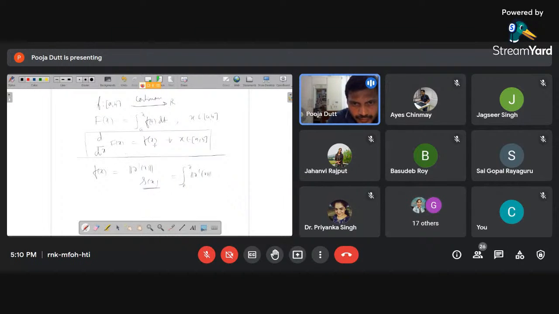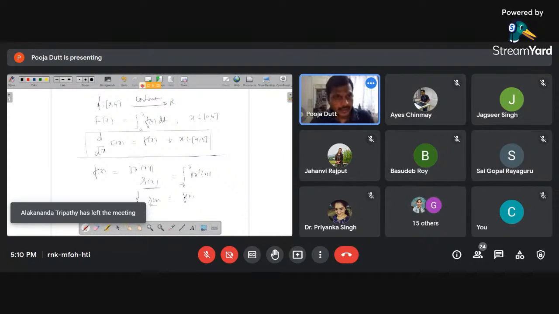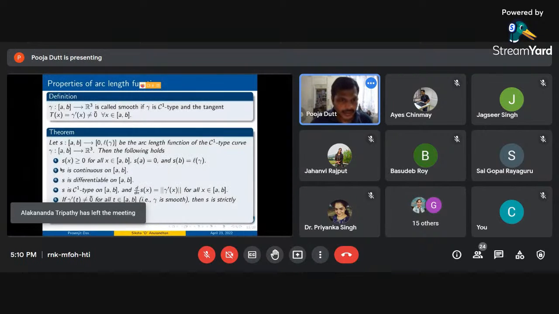And after differentiation, what you get is the function f. That means the function is not only differentiable, since d/dx of s(x) is f(x), but after differentiation you get something continuous. That means the function s is C1 type. So that's all. That solves 2, 3, and 4.